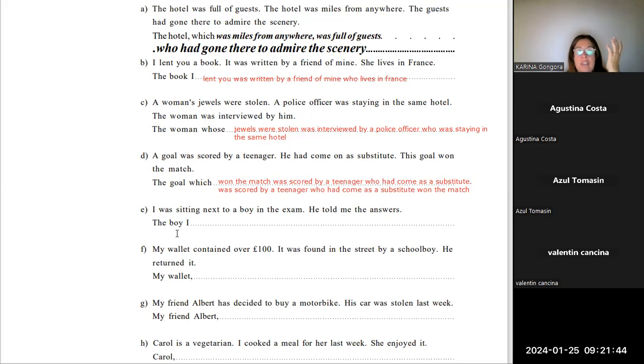The boy I. You don't repeat a boy. This was okay if you had the I at the beginning, right? I was sitting next to a boy who told me the answers. It could be. But as you had the beginning here, you had to use it.